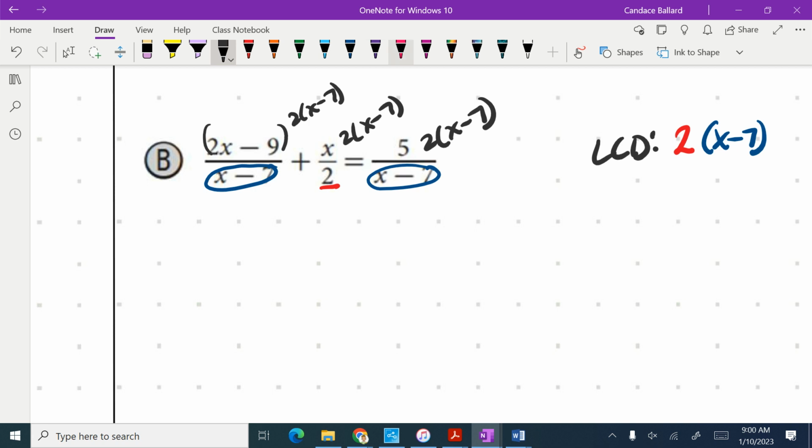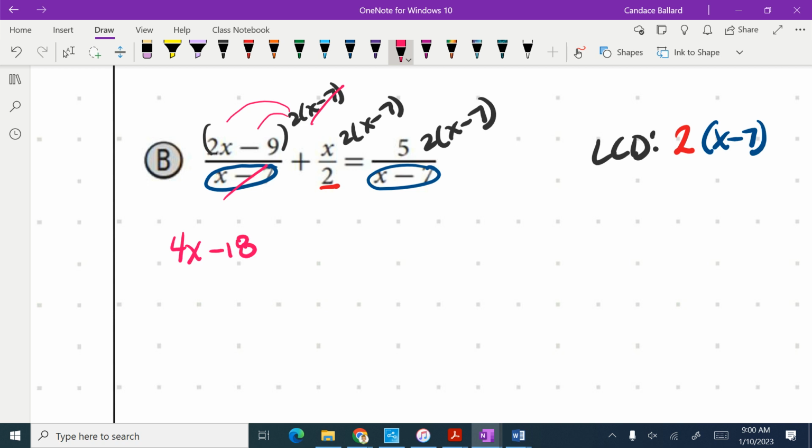Okay. Let's take a look. Looking at this first term, what are we going to get to cancel? X minus 7, which means what am I doing with this 2? Distribute the 2. So what's 2x times 2? 4x. What's 2 times negative 9?